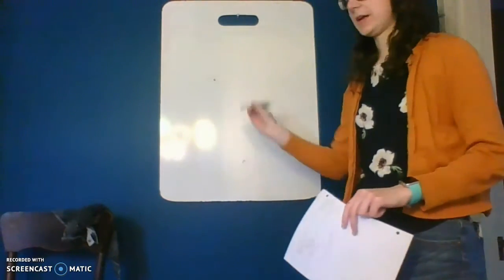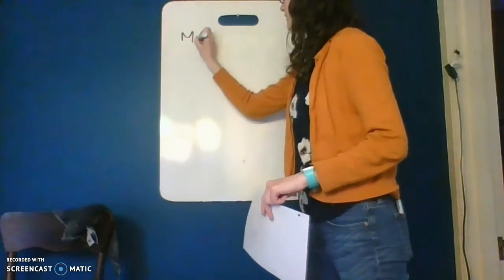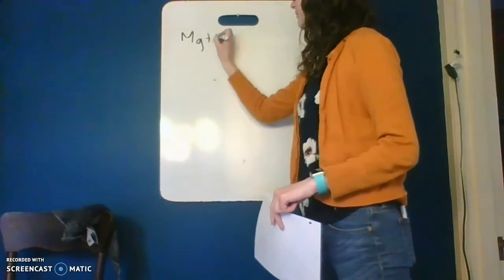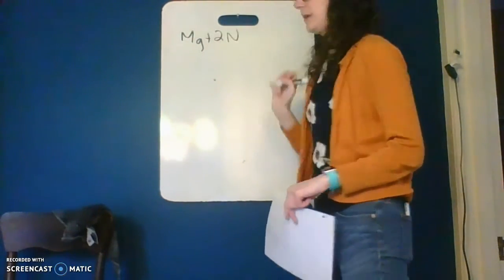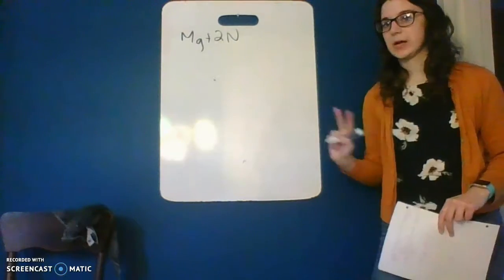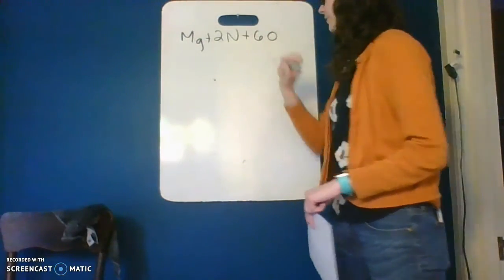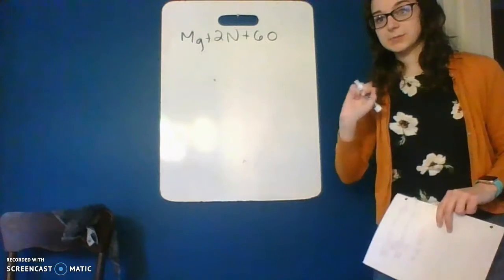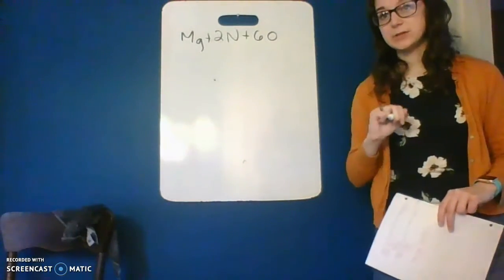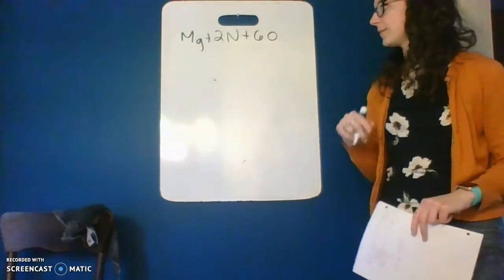In magnesium nitrate, I have 1 magnesium, I have 2 nitrogen, because I have to distribute that 2 throughout the parentheses, and I have 6 oxygen, because oxygen has a 3 subscript, and then we have to multiply it by the 2 subscript that's outside the parentheses.